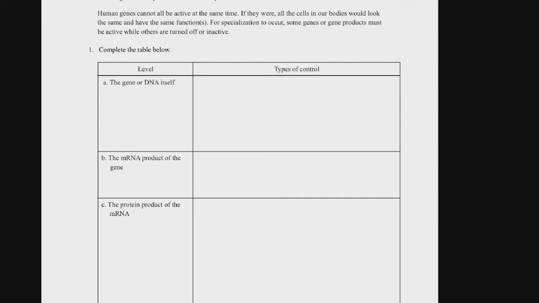And just note that the table is a representative sample of the various types of control mechanisms, but it doesn't include all of the possible mechanisms of control, or we could write a novel about it. So starting with A, the gene or DNA itself. Chromosomes or parts of chromosomes can be inactivated by DNA packaging as heterochromatin. We have euchromatin and heterochromatin.